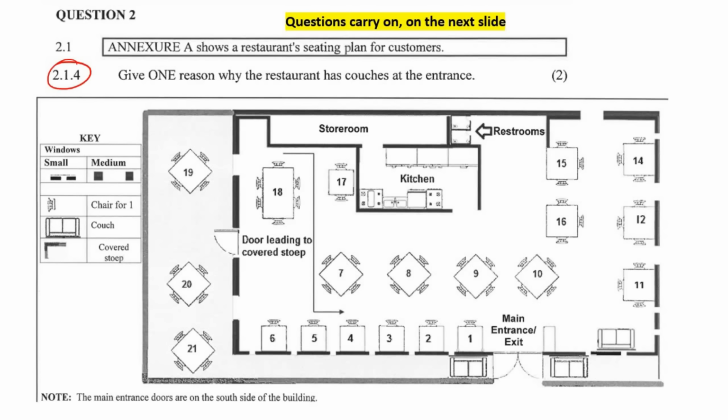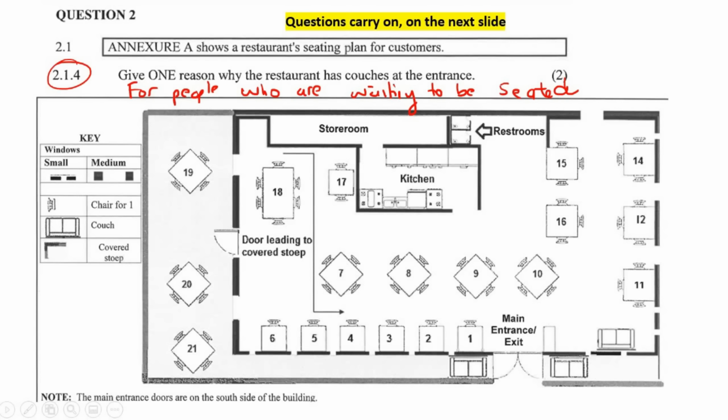You know, it's more casual. So yeah, I would say that's probably one of the main reasons, is that it's a nice place to allow your customers to wait while the other guests are finishing their food so that you can have a table. So you could say here, for people who are waiting to be seated.